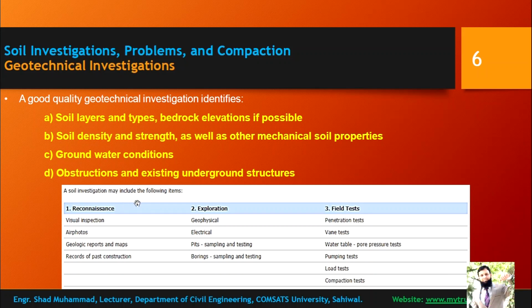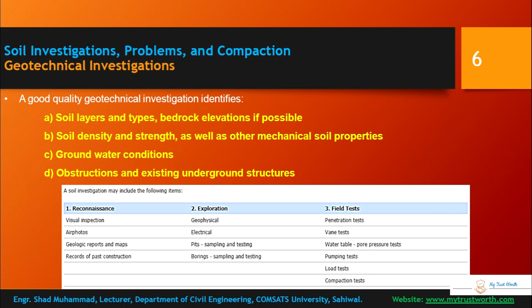A soil investigation may include the following items: reconnaissance, exploration and field tests. Reconnaissance is a preliminary investigation, exploration is a detailed investigation, and field tests are where, with the help of equipment, you test the soil. Reconnaissance includes visual inspection on the basis of your five senses.